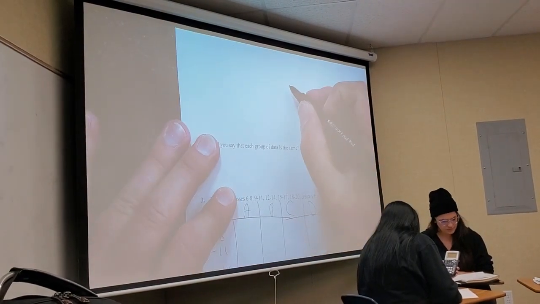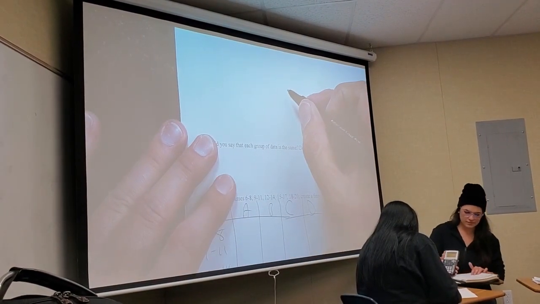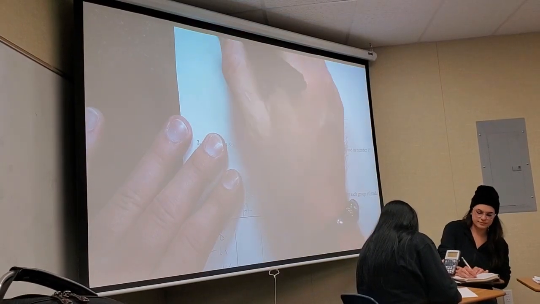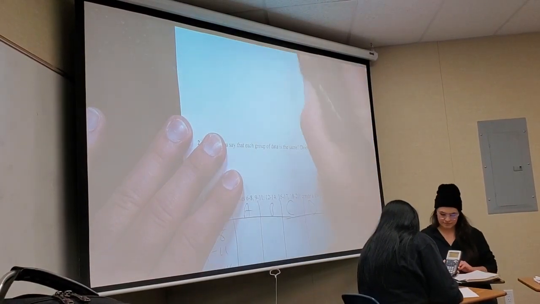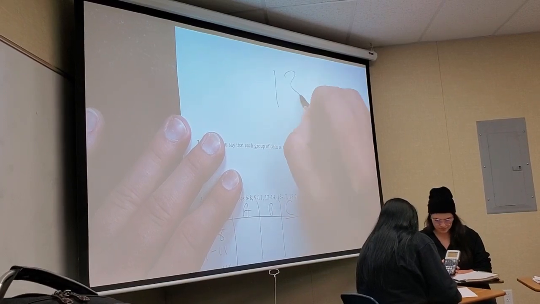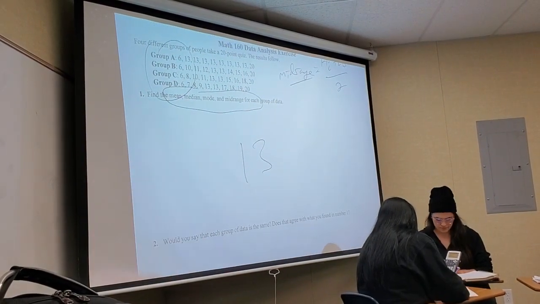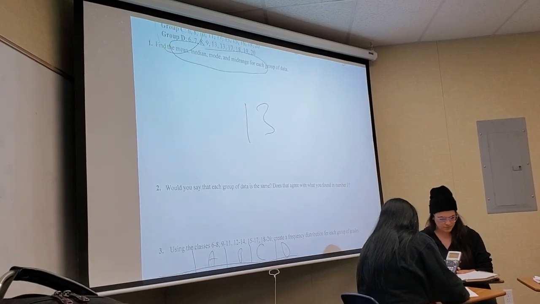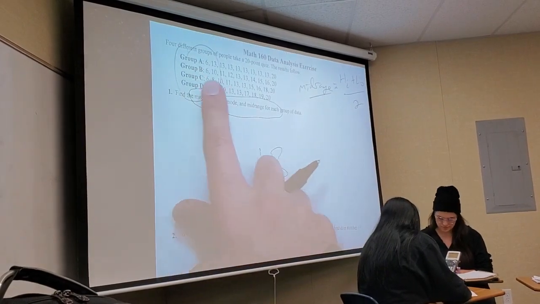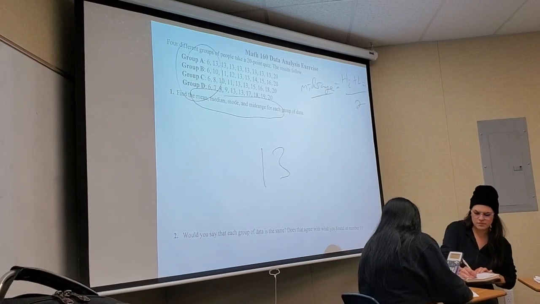Has everybody got the idea of number 1? Every single thing I asked you to calculate for every group came out to be 13. Number 2 asks, if you just look at the sets of data, are they all the same?